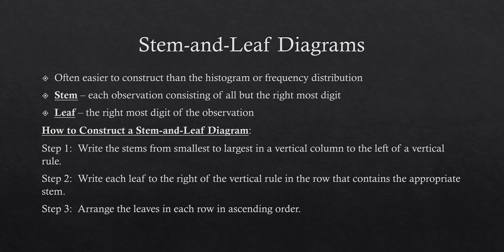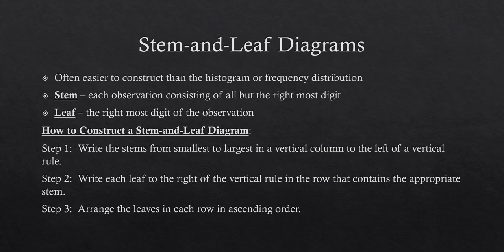All right, so last but not least, stem and leaf diagrams. The stem is each observation consisting of all but the rightmost digit. The leaf is the rightmost digit of an observation. These are easier than histograms or frequency distributions to construct.